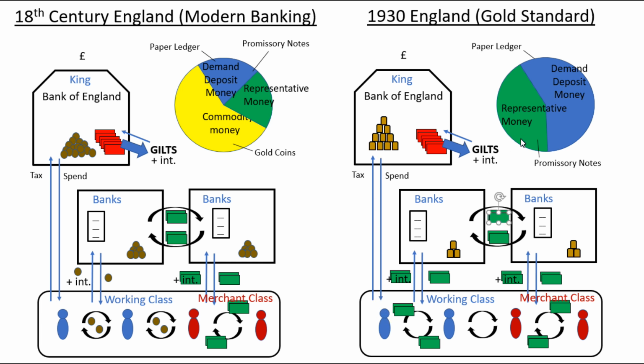And so this is how we got to this situation in 1930, where there's virtually no commodity money anymore. All the cash is representative money, and the majority of the economy is now numbers stored on the ledger books. In other words, demand deposit money.